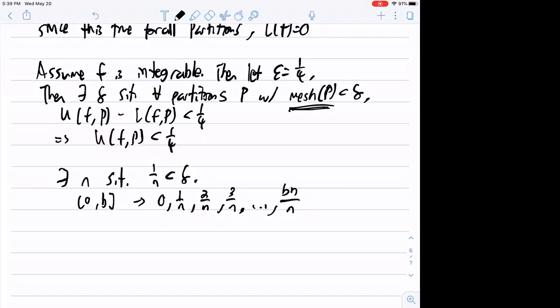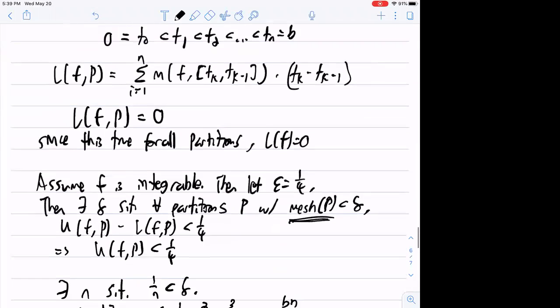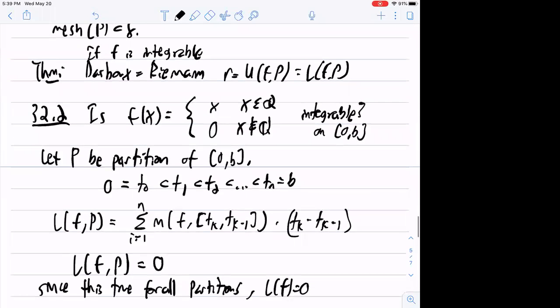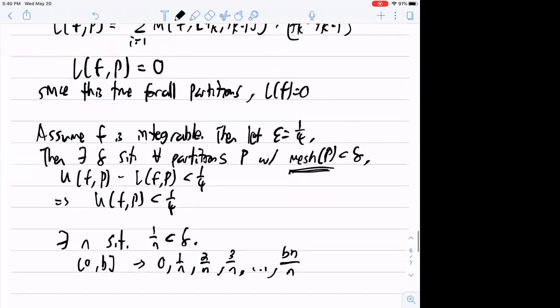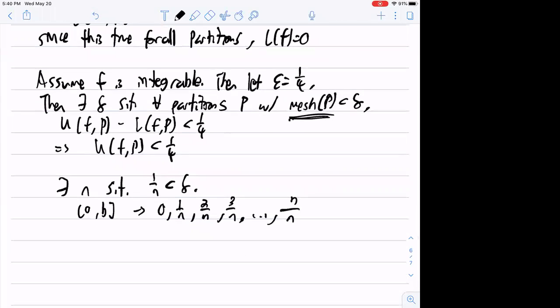But for simplicity, is it okay if we assume b was 1? Because I really don't want to deal with irrationals. So let's just change this problem to 1, just to get nice numbers. It doesn't change the argument. Let's make it n over n, so 0 to 1.